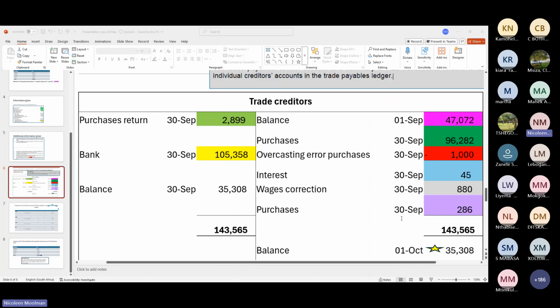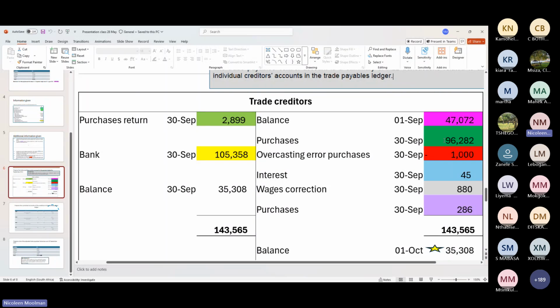I'm still not answered for the 1,000. Mafi, Maria, I don't know if I answered your R1,000 now. Then the R1,000 should be on the debit side. No, not in this case. They've just told us there was a calculation issue made when they summarized the purchases. So the balance was wrong.